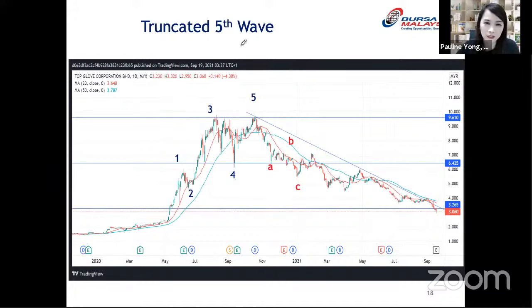So we call it the truncated 5th wave. It does happen. In this case, after that, you are looking at A, B, C. And when this C is beyond that 4, you know that this uptrend is over, and then you have to draw a downward wave here.